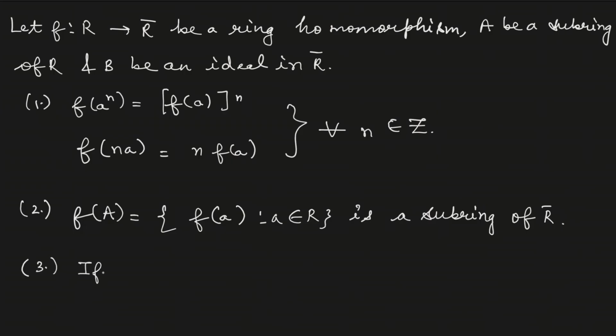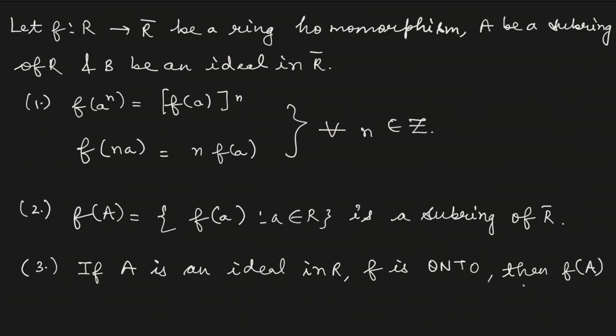Third, if A is an ideal in R and f is onto, then f(A), the image of this ideal under f, is an ideal in R bar, the codomain.